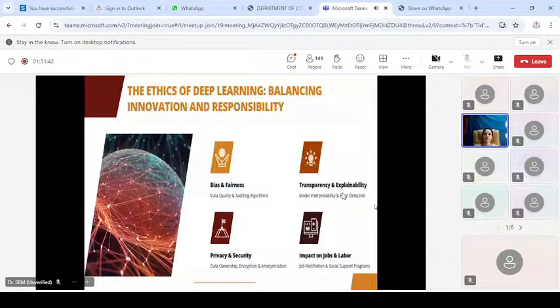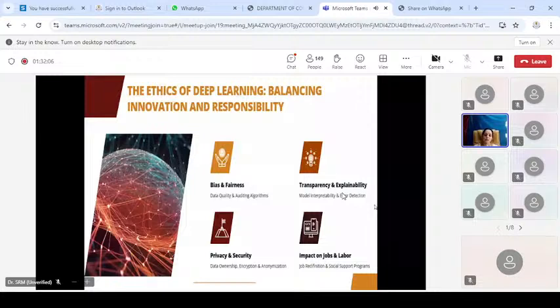Then, the extensive collection of personal data for training DL models raises critical questions about privacy and security. It is essential to determine data ownership. We have to make sure appropriate access controls are there, and we must protect sensitive information from malicious actors.